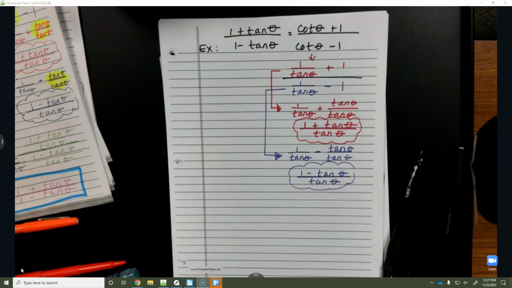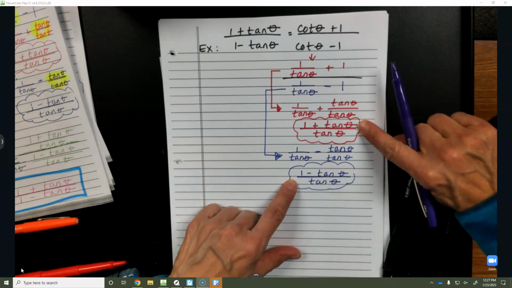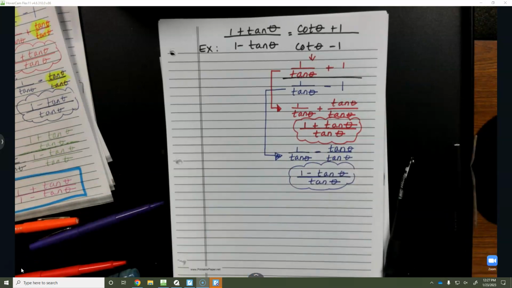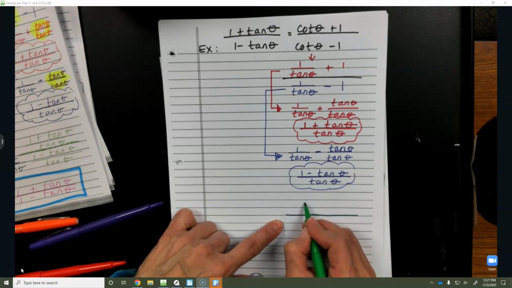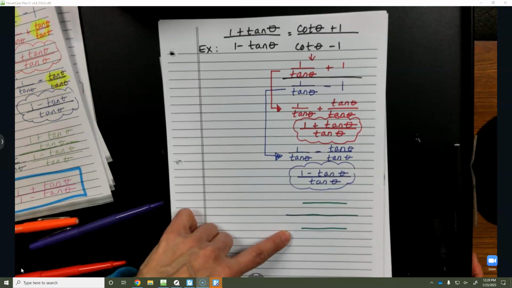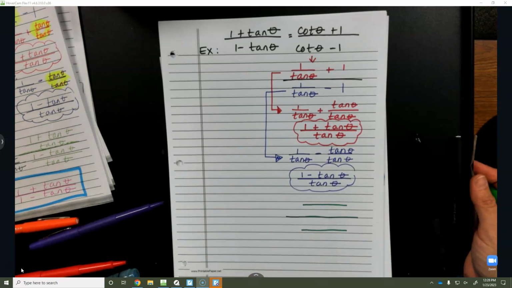So I had a fraction. I had way too much stuff going on at the top and the bottom. I simplified the top and the bottom as much as I could. Now I'm going to put it back together. So when I put it back together, there's actually going to be 3 fraction bars right here. When you have 3 fraction bars, it is keep, change, flip.